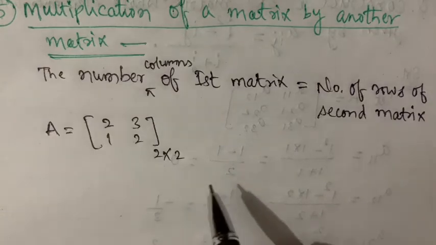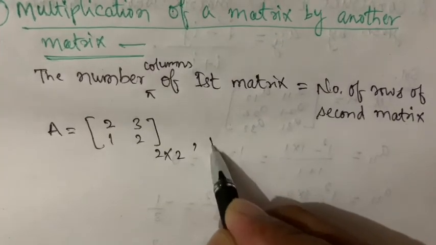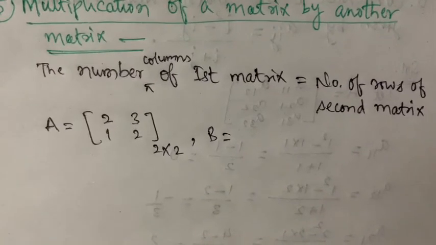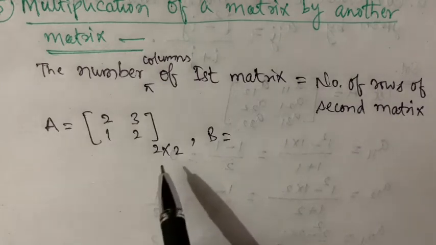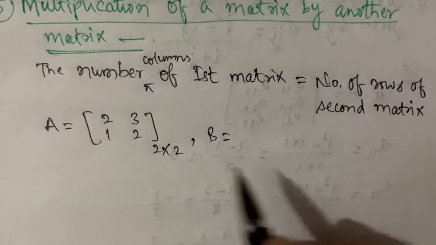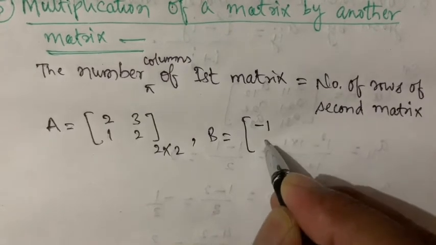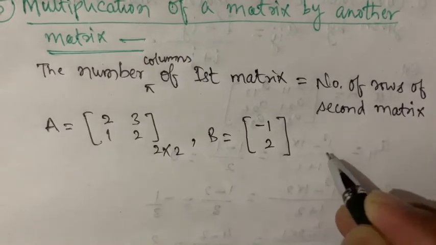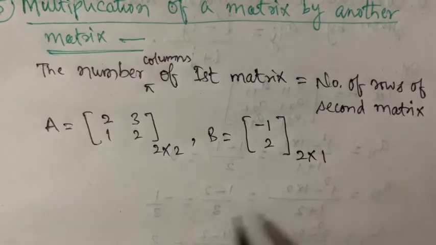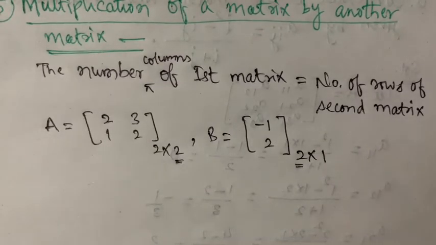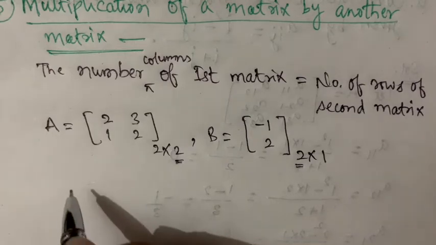Now we must have another matrix in which the number of rows is 2. Then only can we multiply that matrix with the matrix A. Let us suppose we have taken here -1, 2. It is 2 by 1. So we can multiply these two: A into B can be there.